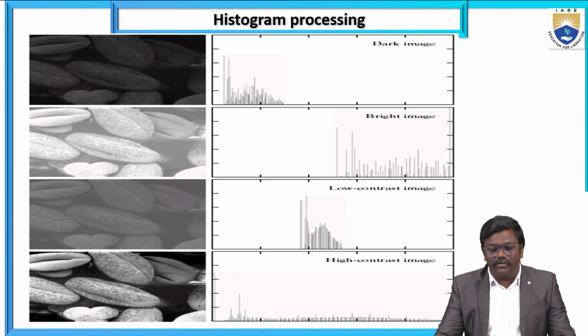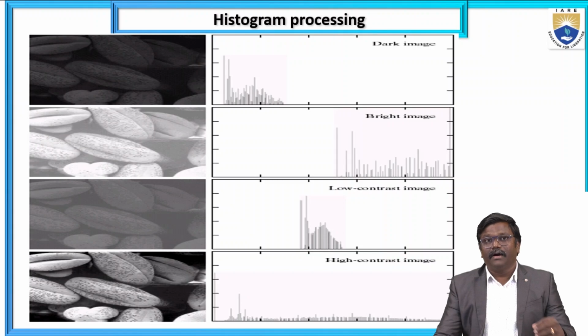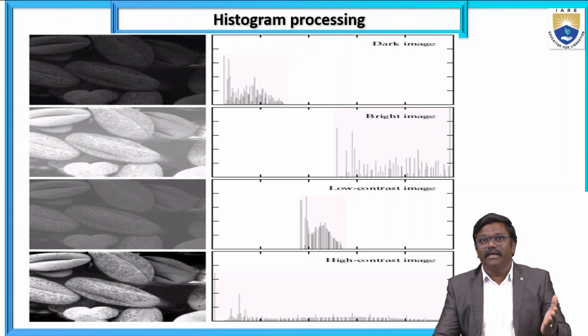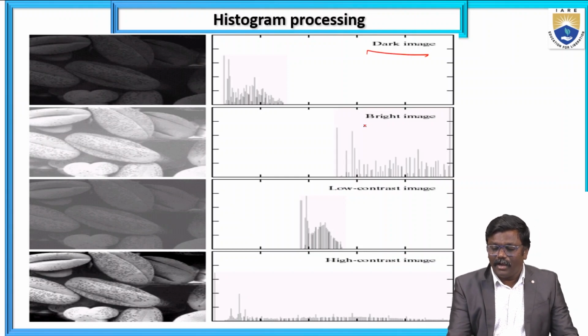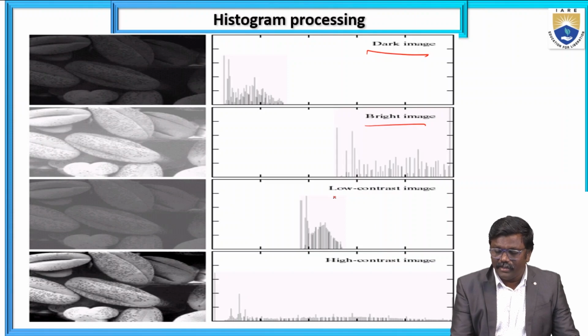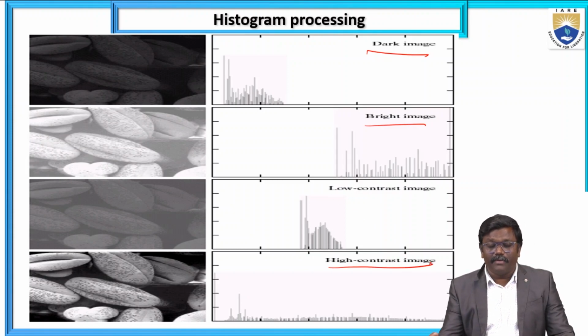Once you have this simple mathematical histogram processing method, we can concentrate on them one by one. The histogram of a dark image, a bright image, and low contrast and high contrast images can be calculated with the help of nk with respect to n, the number of pixels.